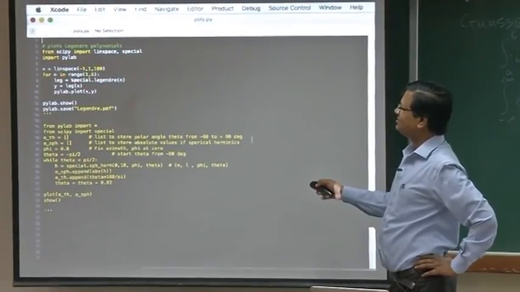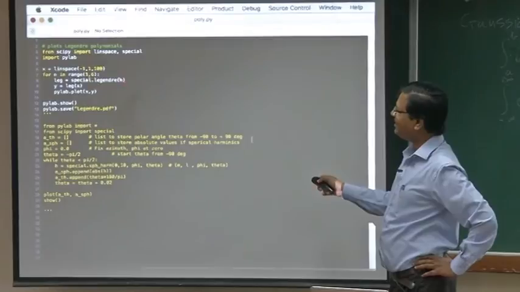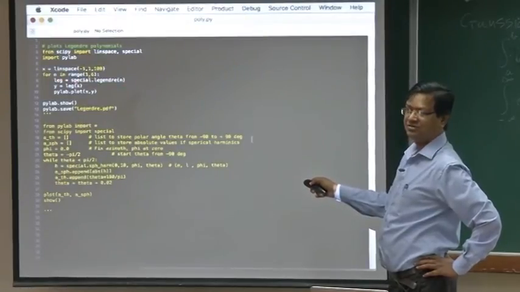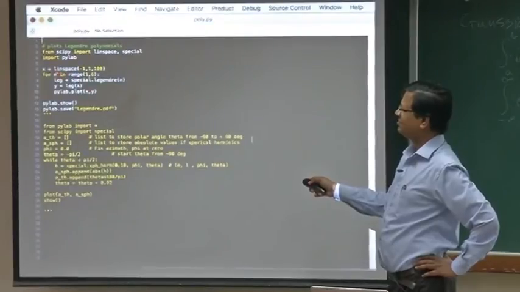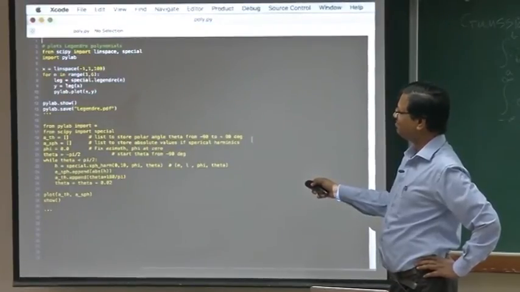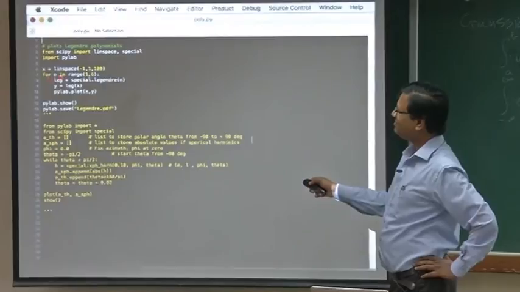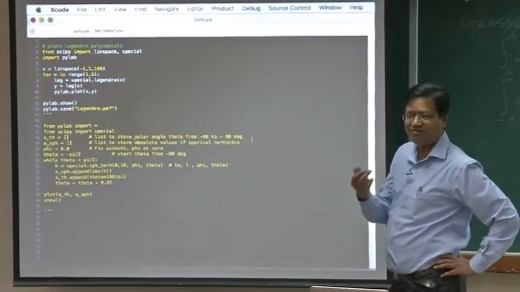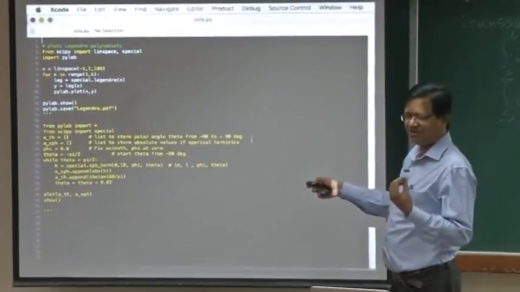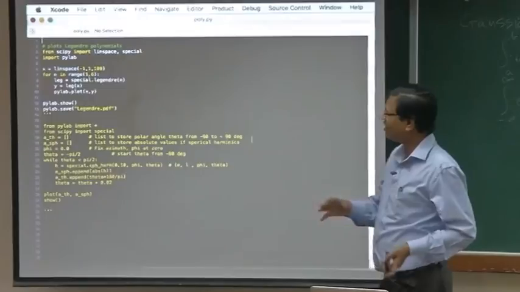So special.legendre with n will give you this Legendre polynomial. Okay. So I can just play around with this. By the way, this will give you a polynomial, it doesn't give you a numerical value, and you can compute at any value you like of that polynomial. So let us just play around with it.